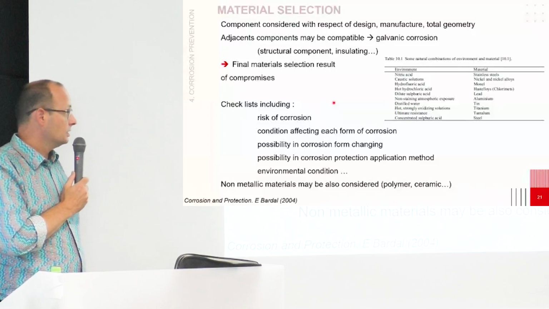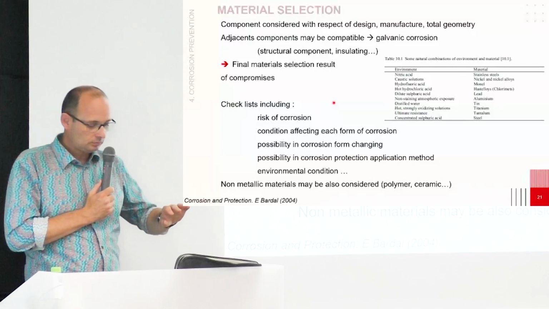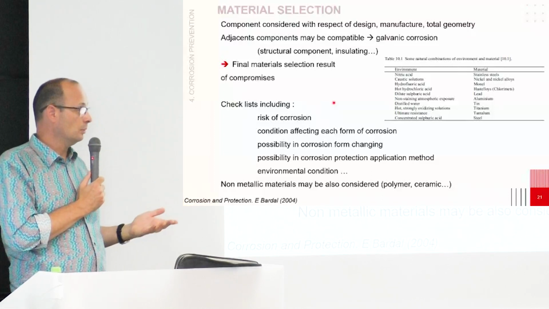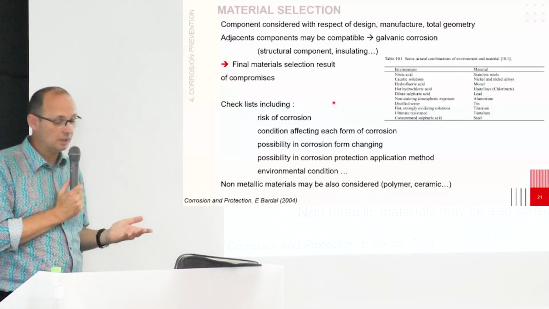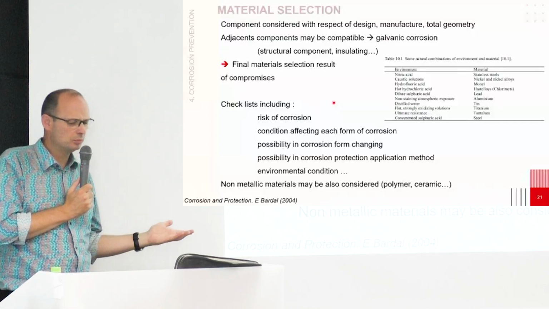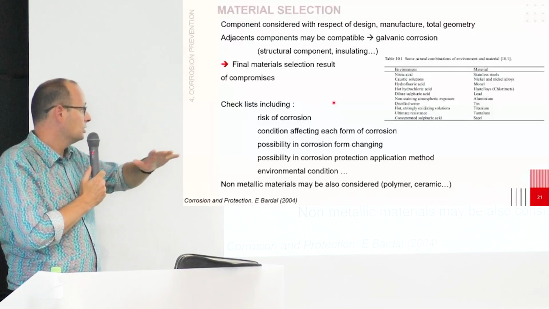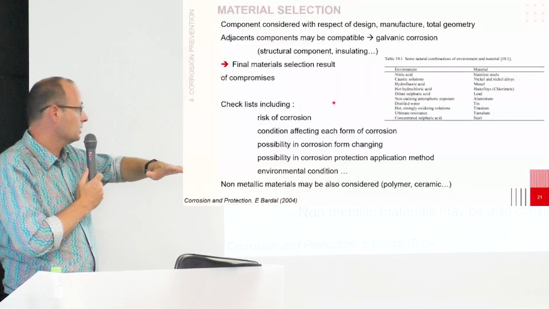In one case, if there is some corroded product that appears, can it protect the material, or should I use a corrosion protection method? And are the environmental conditions stable?